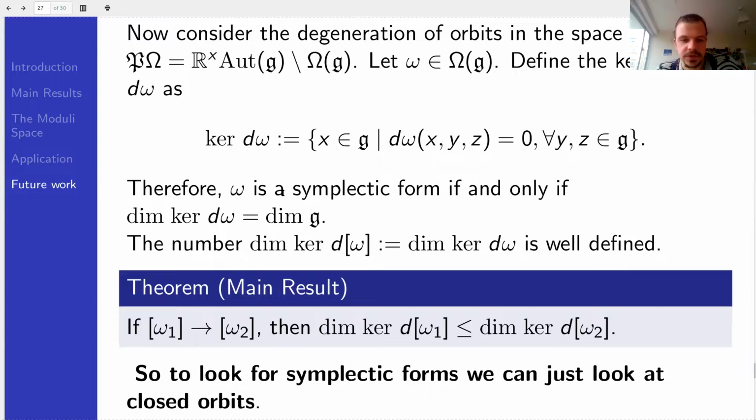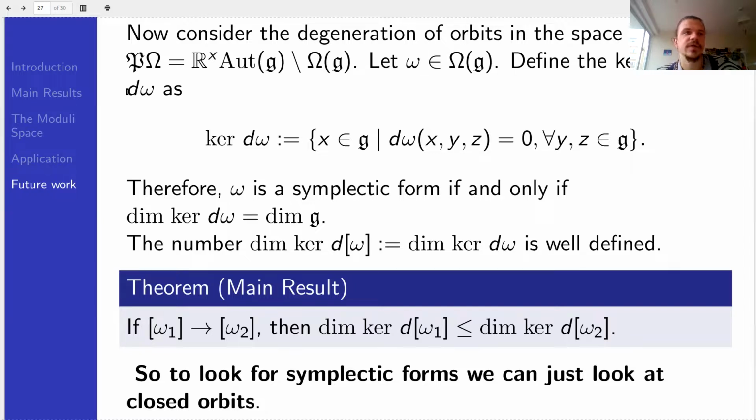Does anyone have any questions? Well, I have a couple. They're both in the same framework: we're looking for left-invariant symplectic structures.